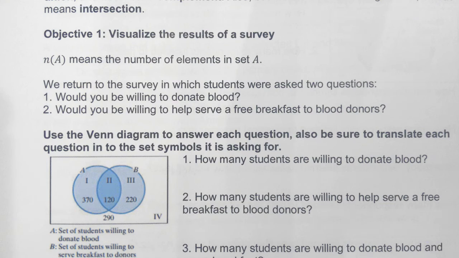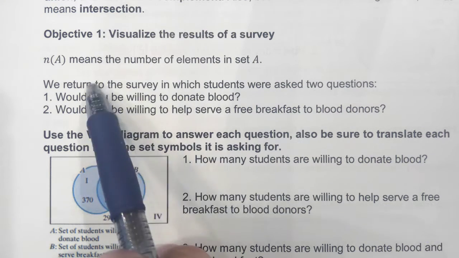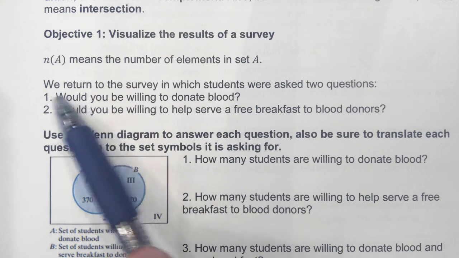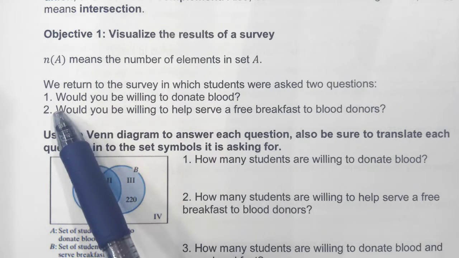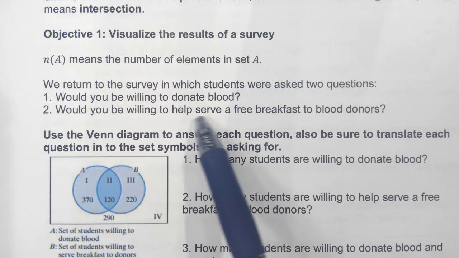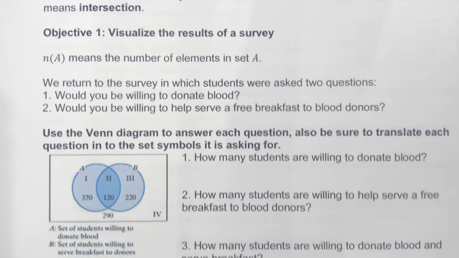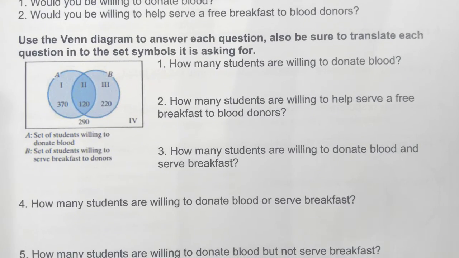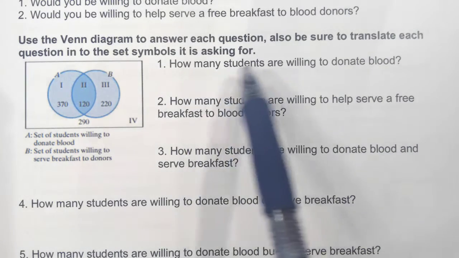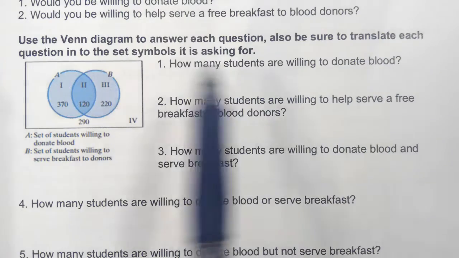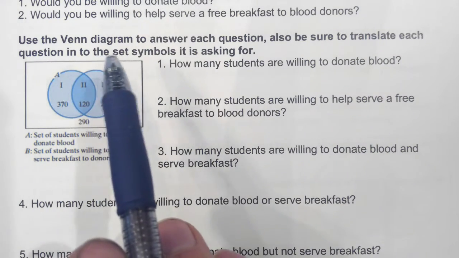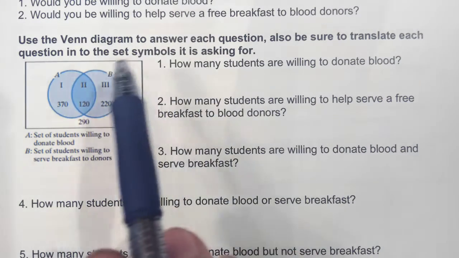And then we'll return to that survey that we did before. You're asked two questions. One, would you be willing to donate blood? And two, would you be willing to help serve a free breakfast to blood donors? So we're going to use this Venn diagram to answer each question. Also be sure to translate each question into the set symbols it is asking for.